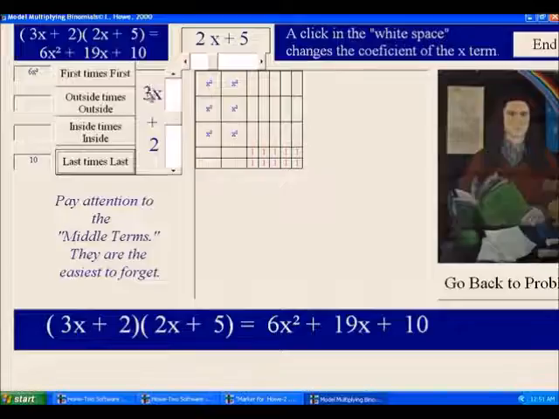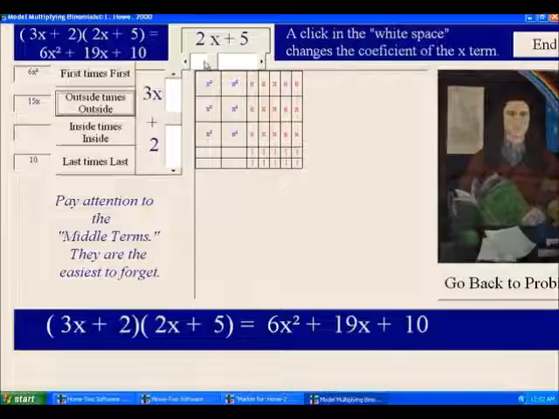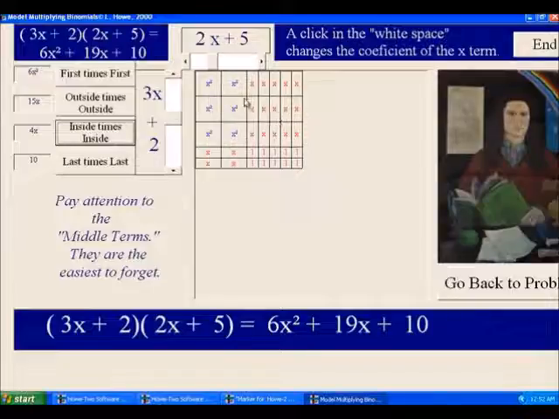When we did, it's hard to tell which one would be outside and which one would be outside, but 3x would multiply the 5, we'd get 15 x's. When we did the 2x times the 2, we would get 4. And so we could model this and see how we have all of these extra terms.